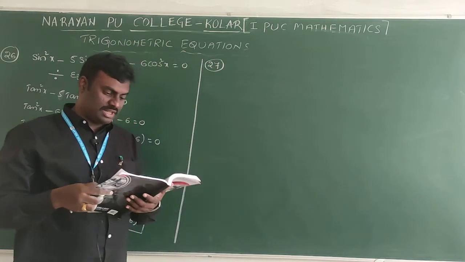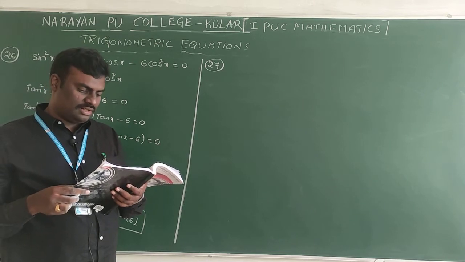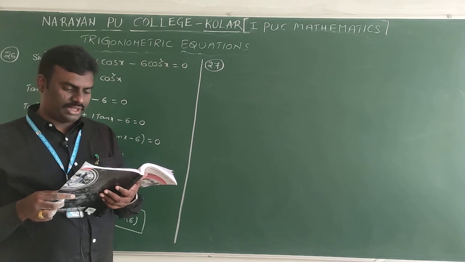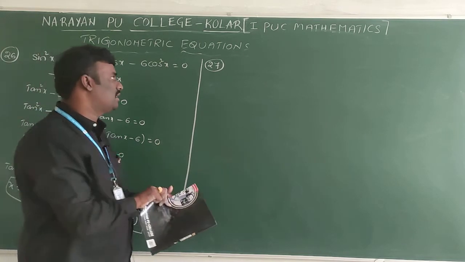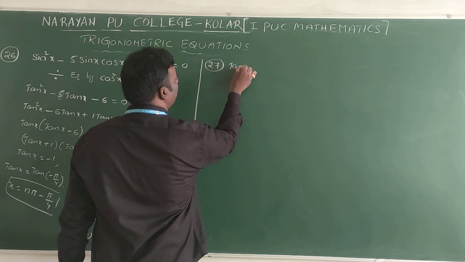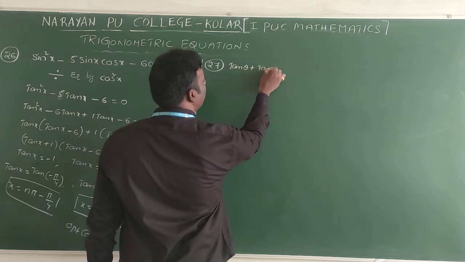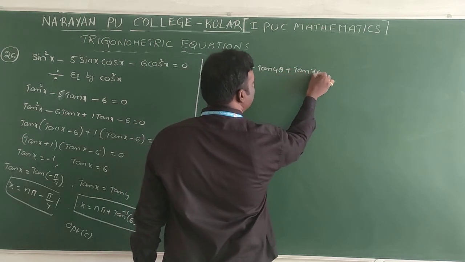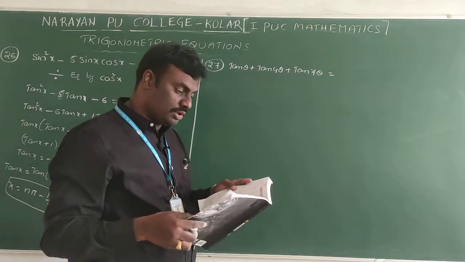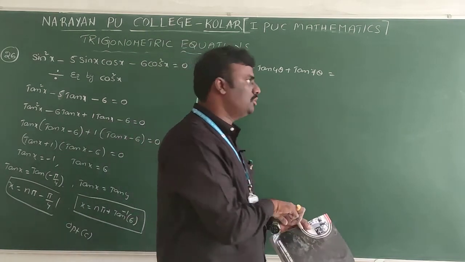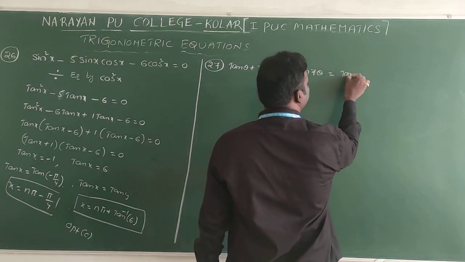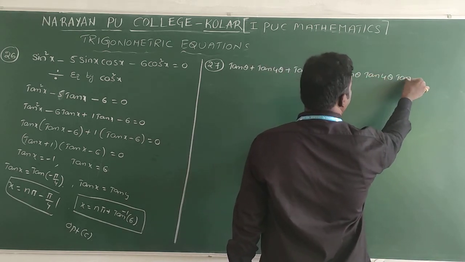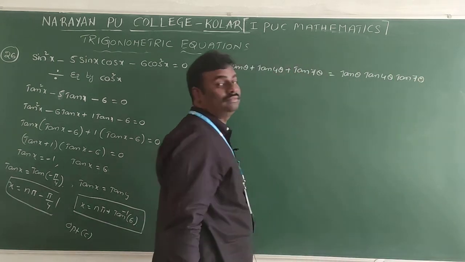In this question number 27, the general solution of tan theta plus tan 4 theta plus tan 7 theta is equal to tan theta into tan 4 theta into tan 7 theta.